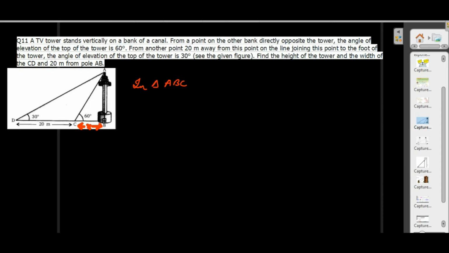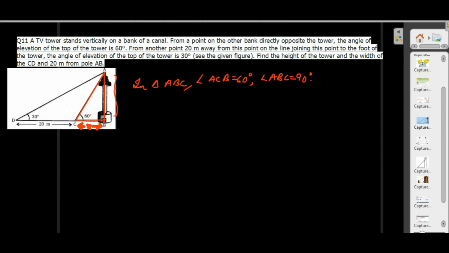That means I am choosing this triangle ABC, this red one. In triangle ABC, angle ACB is equal to 60 degree, and also angle ABC is equal to 90 degree. It is a right angle triangle, and we have to find the height.